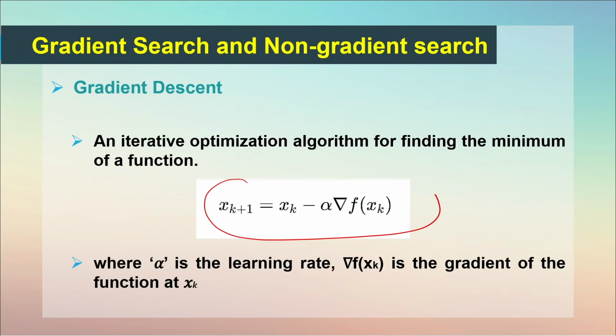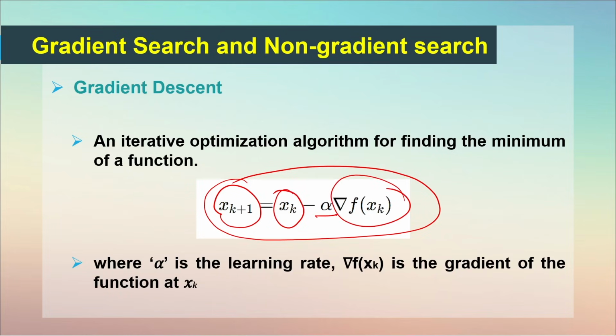Non-gradient search. Before that, you should know how iterative optimization for finding the solution can be refined. An iterative optimization algorithm for finding the minimum of a function can be written as: the next step of x is equal to the old step of x minus some learning rate times the gradient. Here alpha is the learning rate, and del f of xk is the gradient.